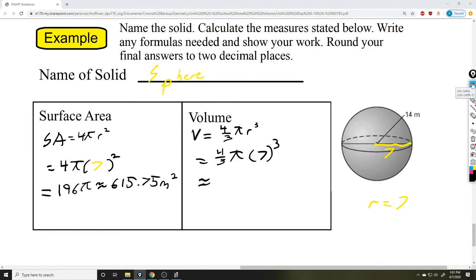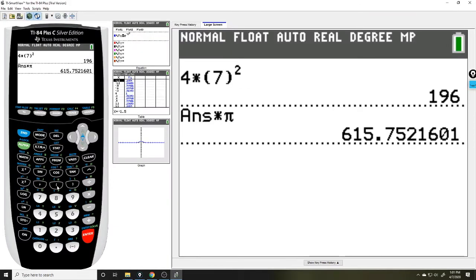Here's the calculator. That would be 4/3. So we're going to put 4 divided by 3. Keep your fractions in parentheses. There's 4/3 times pi times our radius, which is 7, close parentheses, cubed.